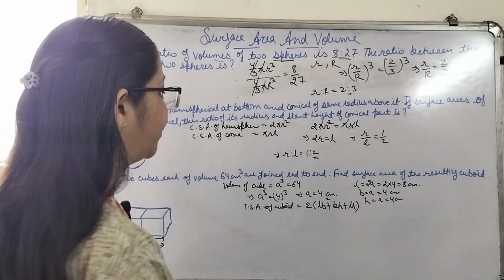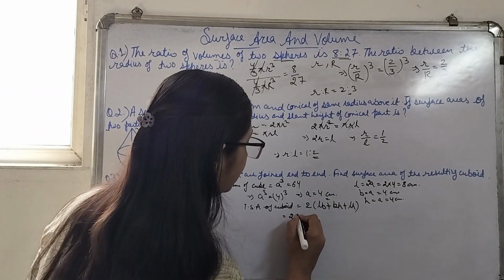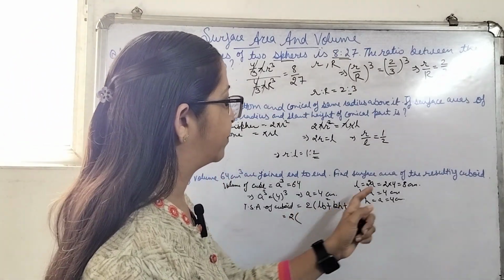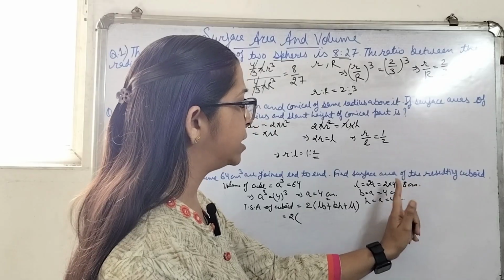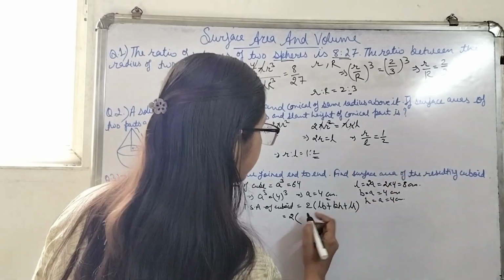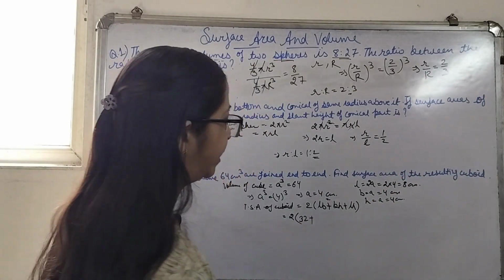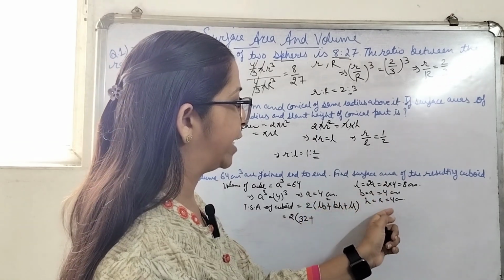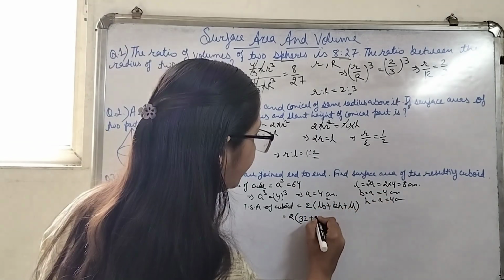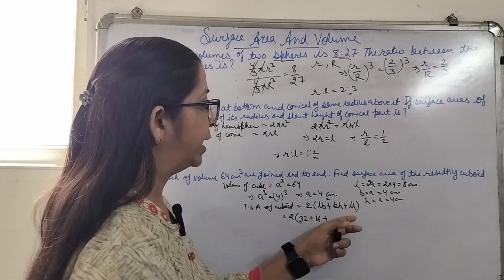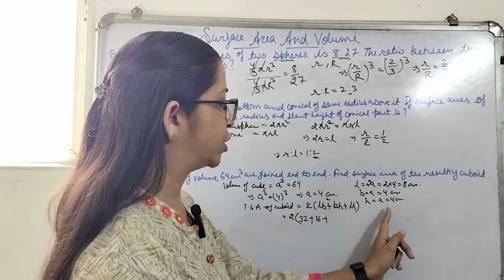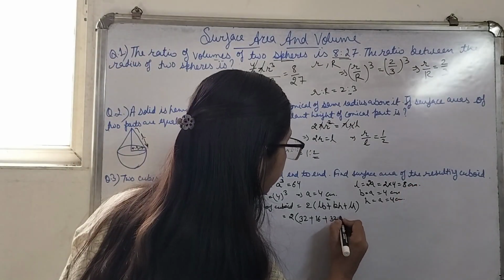So if we are going to keep these values in the formula, we will be getting the total surface area of the cuboid. Now we will be keeping 2 multiplied by L into B. L is 8 and B is 4. 4 8s are 32. Directly I am keeping it. B into H. B and H both are 4, 4, so it will be 16. And L into H. L is 8 and H is 4. So again it will be 32.